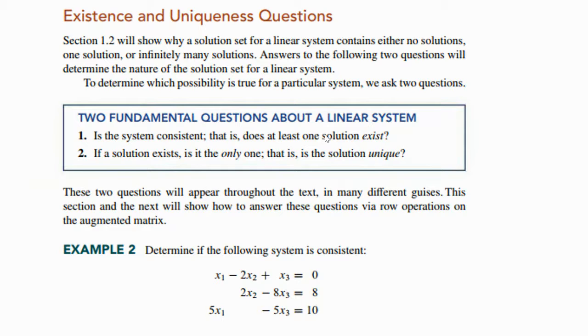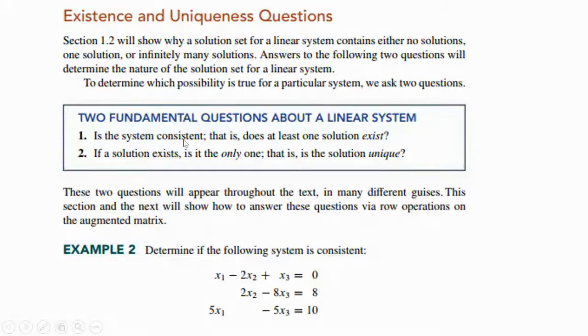Now soon we're going to show why the solution set for a system of linear equations is either no solutions, one solution, or infinitely many solutions. I've already told you that, but I haven't proven it. But answers to the following two questions will determine the nature of the solution set. To determine which possibility is true for a particular system, we're going to ask two questions.